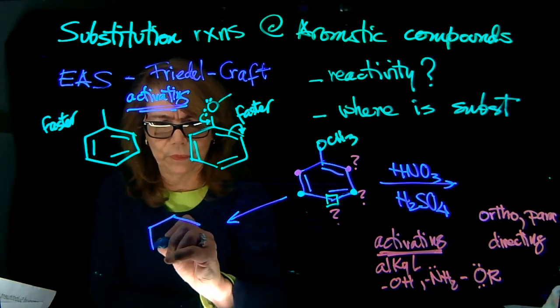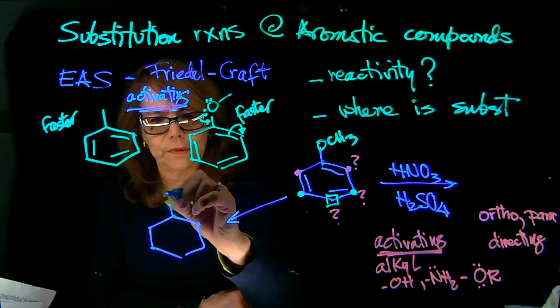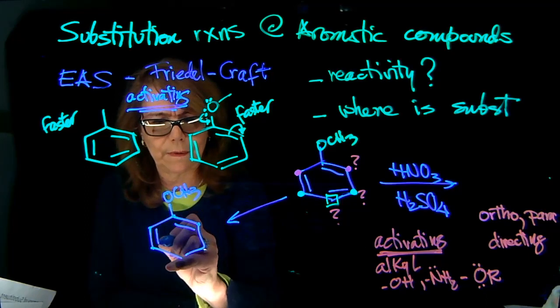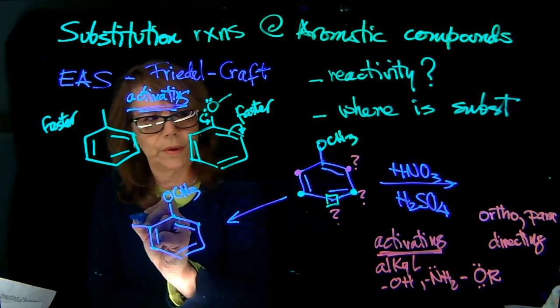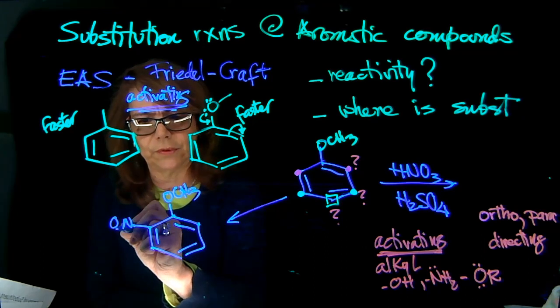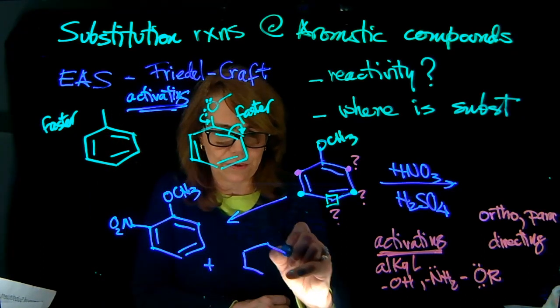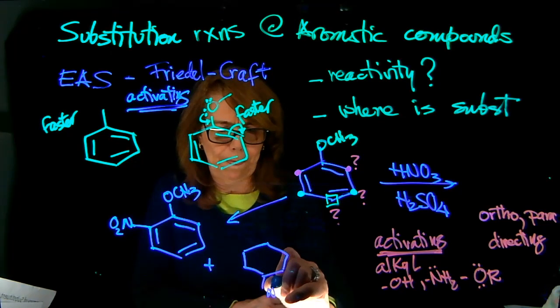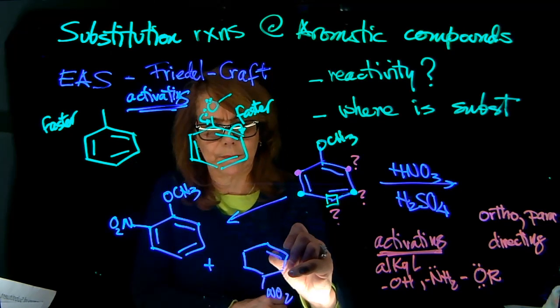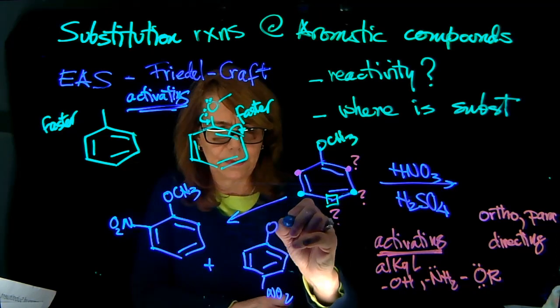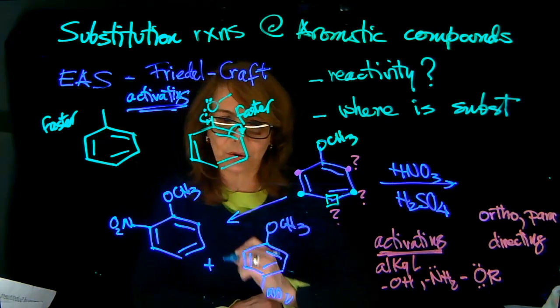This is what you would be writing. One product is the ortho, so that is a nitro group. And the other product, I'm going to put a plus sign here, the para nitro. So ortho and para nitroanisole.